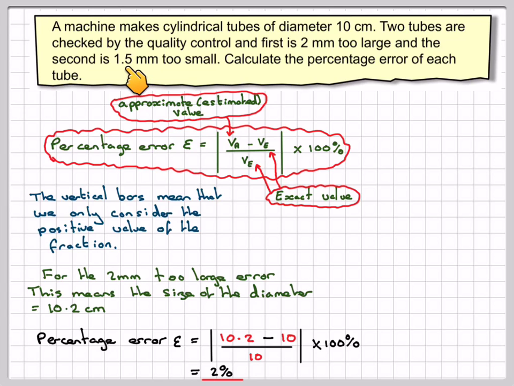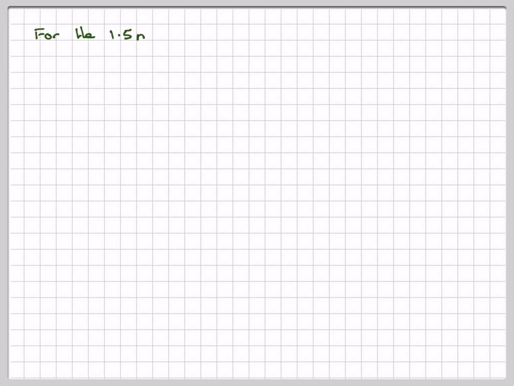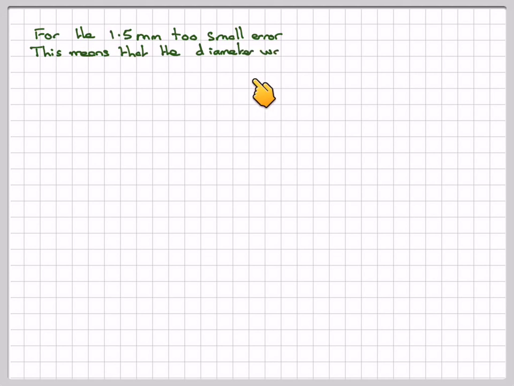Now let's look what happens when we have 1.5 millimeters too small. For 1.5 millimeters too small error, this means that the diameter in that case was 10 centimeters minus 1.5 millimeters, which is 9.85 centimeters.